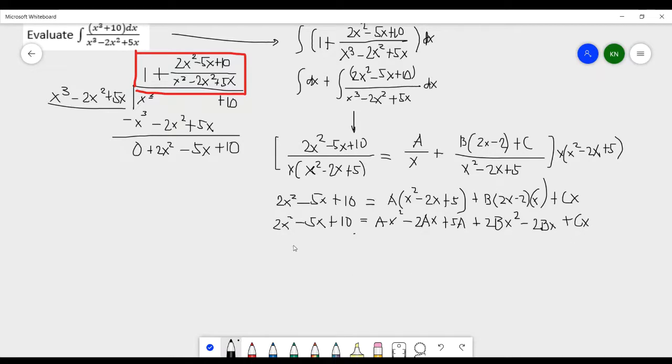Now, afterwards, we need to find the value of our a, b, and c.